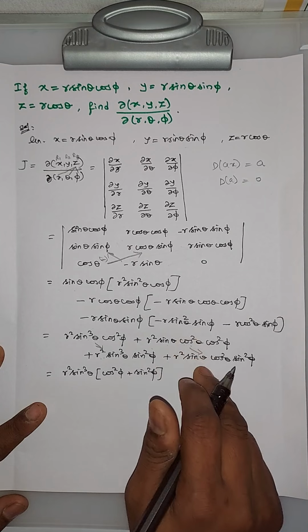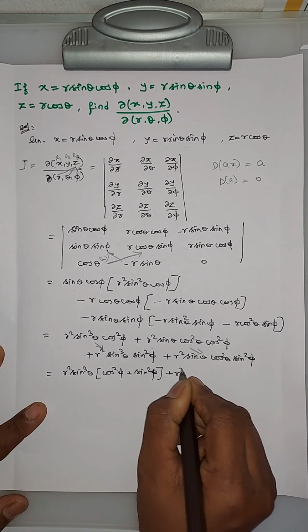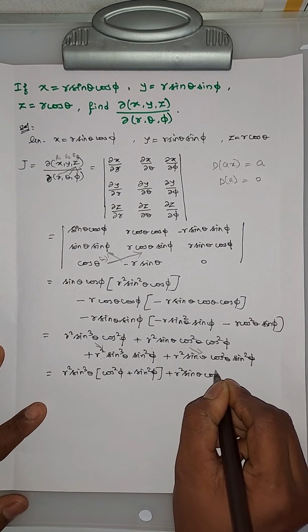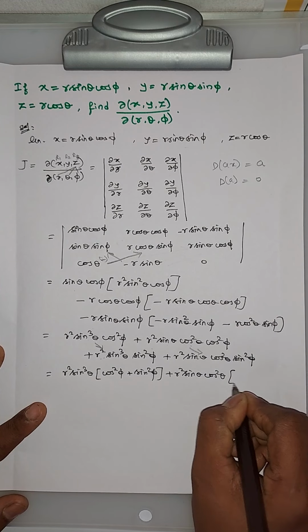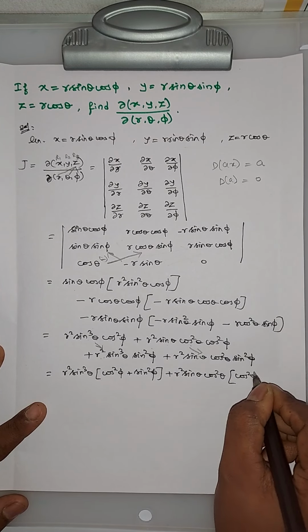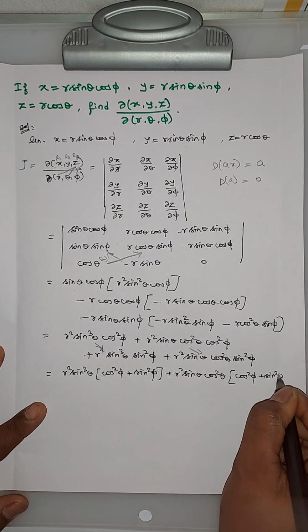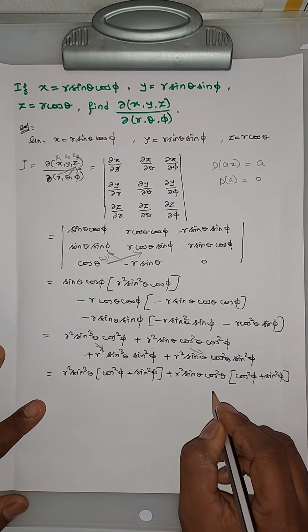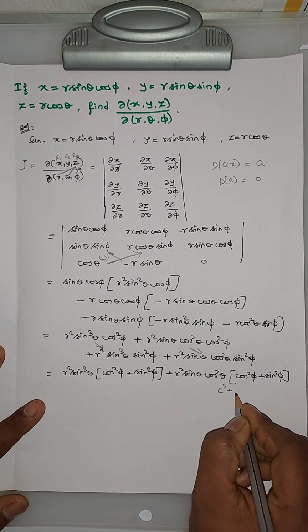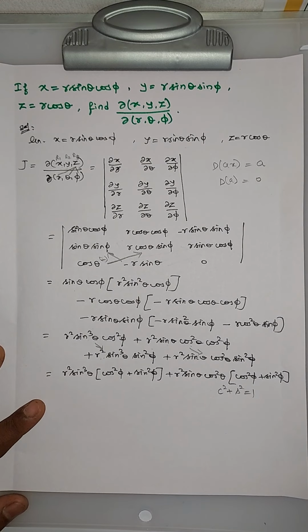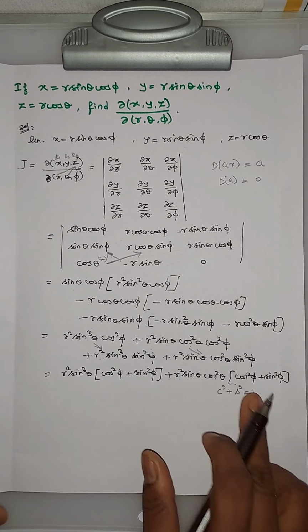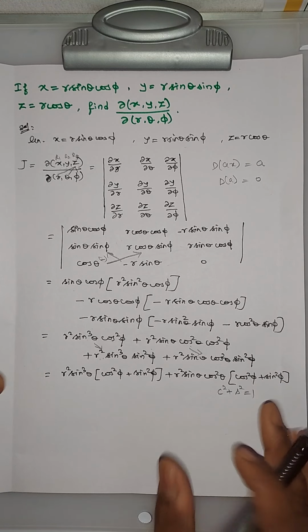Similarly, from these two terms, r square sine theta cos square theta is common. Inside, cos square phi plus sine square phi, right? And we know that cos square plus sine square is equal to 1, so cos square phi plus sine square phi is equal to 1.